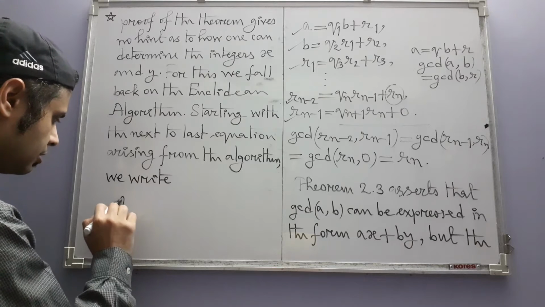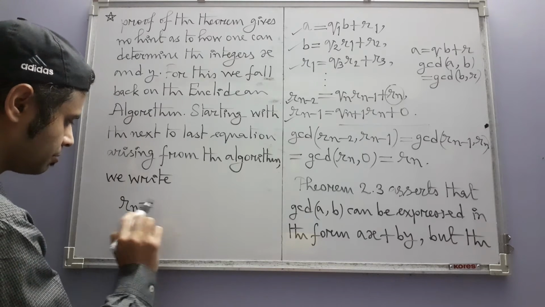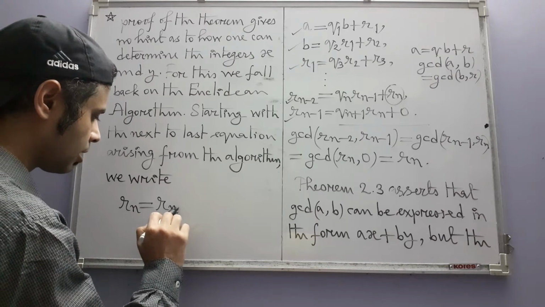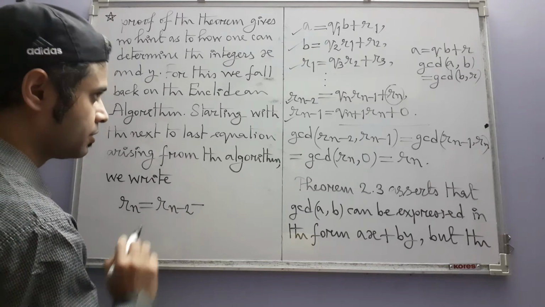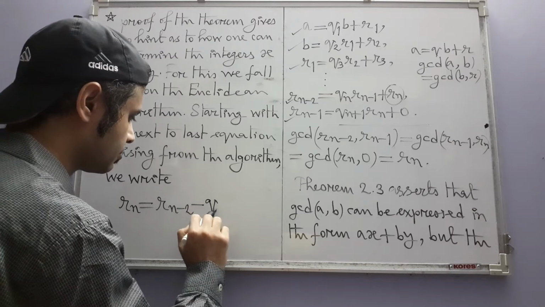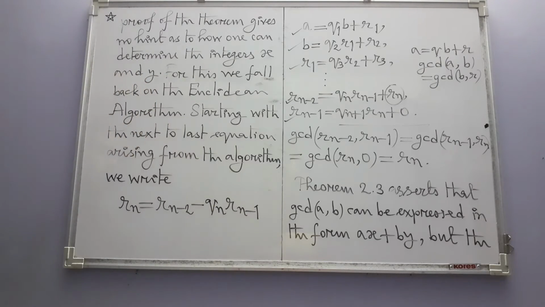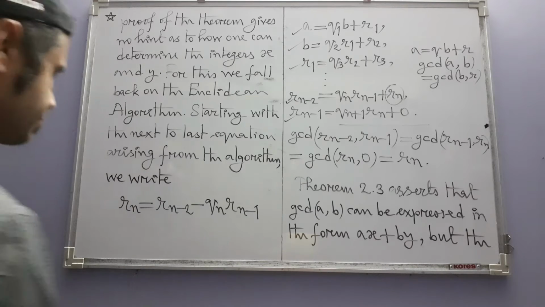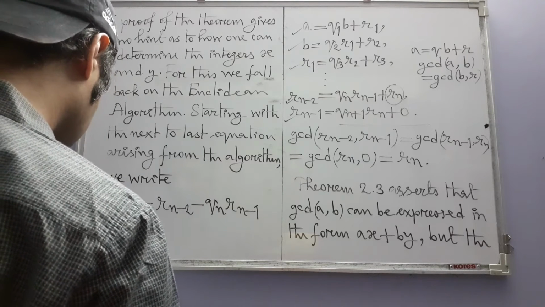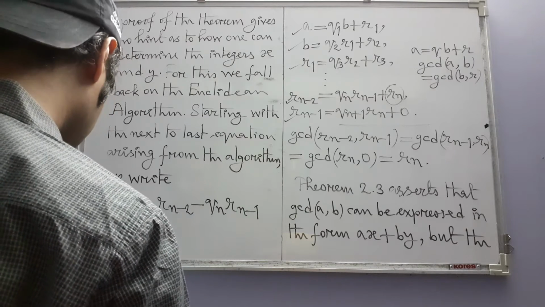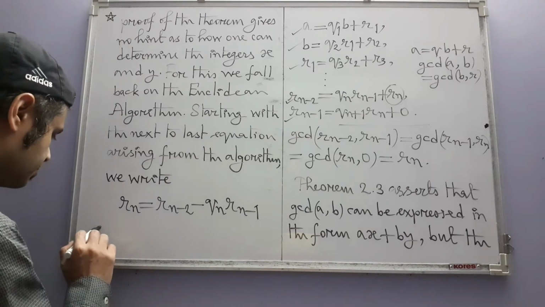Let me write it here below. It will be more prominent. Rn is Rn minus 2 minus Qn Rn minus 1. Now solve the preceding equation of the algorithm.